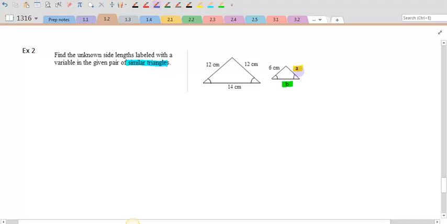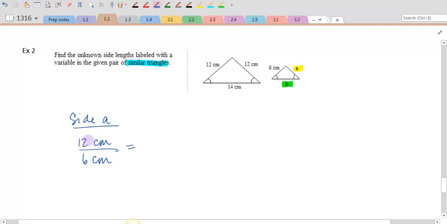So we're going to start out with side A. When I use the corresponding sides, which is the definition of similar triangles, I look at the side of the large triangle and its corresponding side of the small triangle, and I can set them up as a ratio of big triangle side to little triangle side. So that looks like 12 centimeters over 6 centimeters.